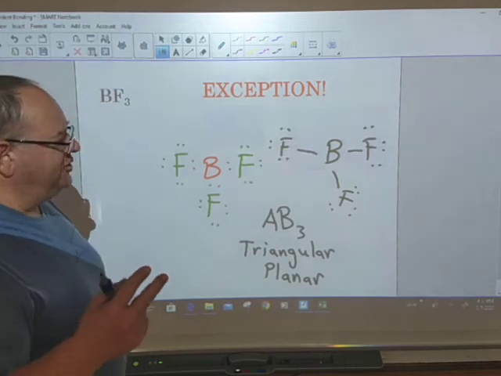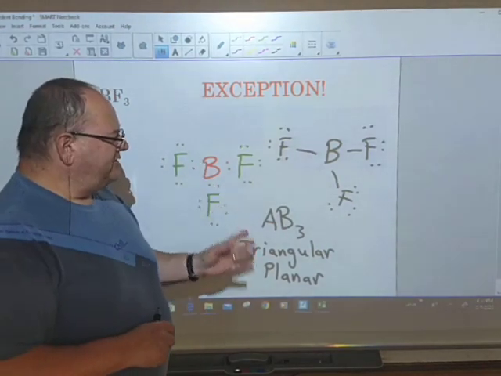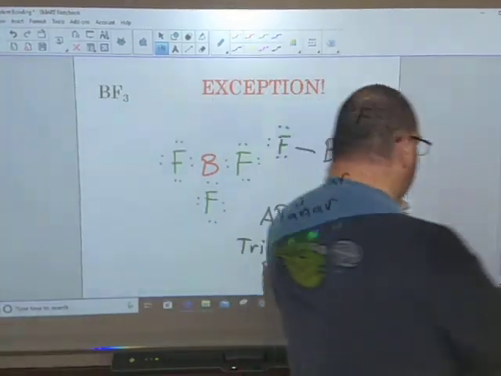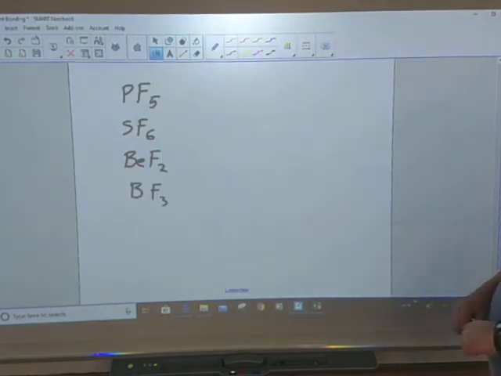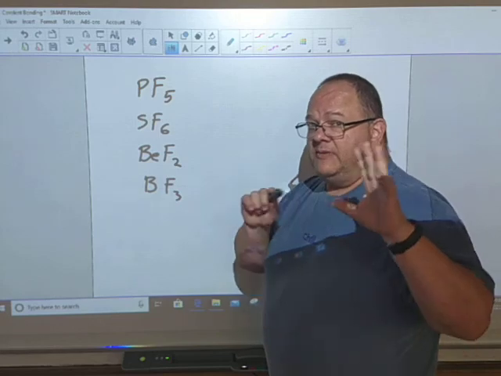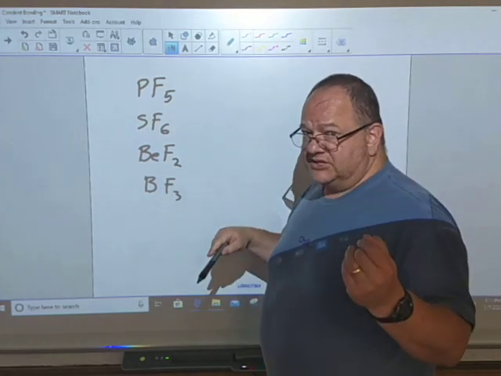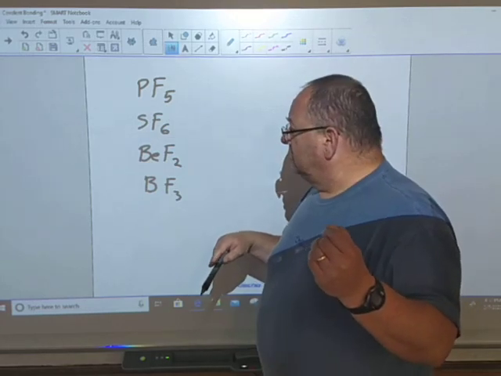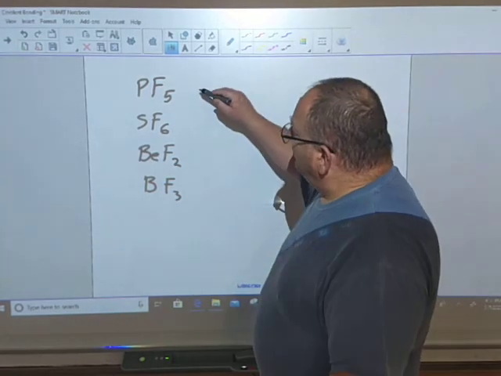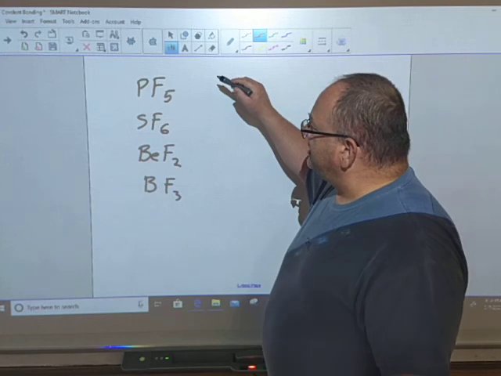So we had 2 exceptions where the central atom has more than an octet, and we have 2 exceptions where the central atom has less than an octet. When it comes test time, I'm going to limit your test questions to just those 4 possible exceptions. Okay? Now, for homework and stuff, we may also see where we have the phosphorus pentafluoride.